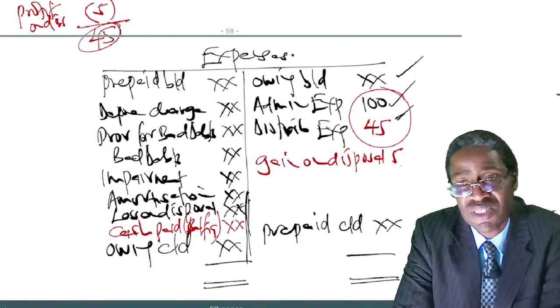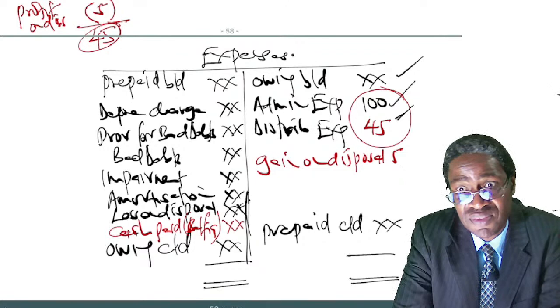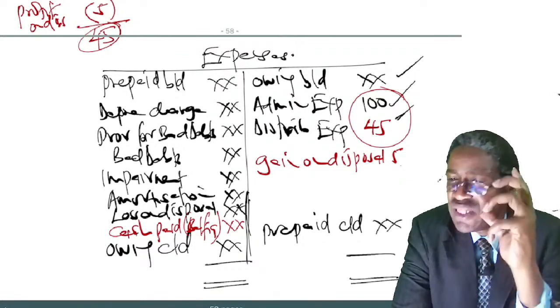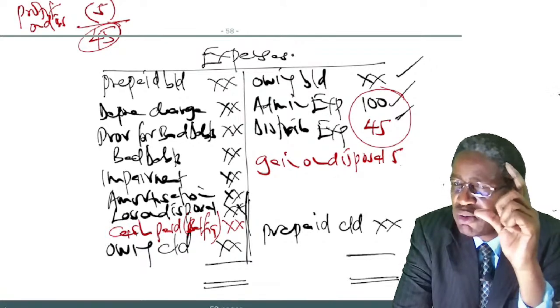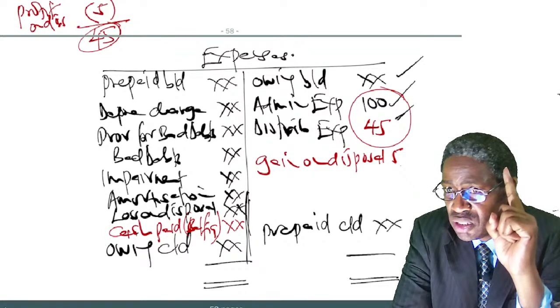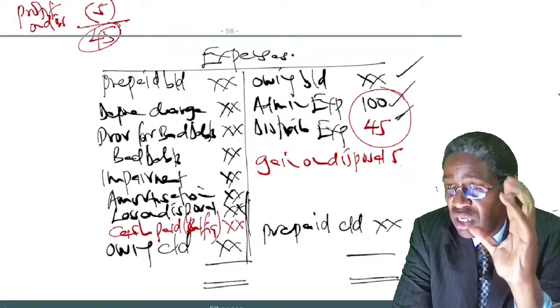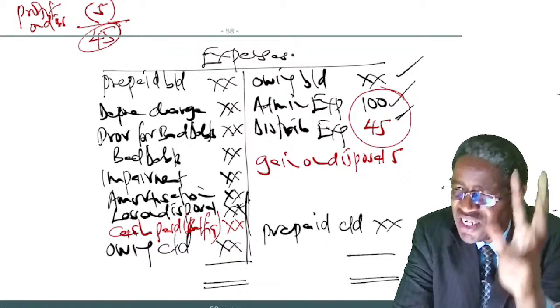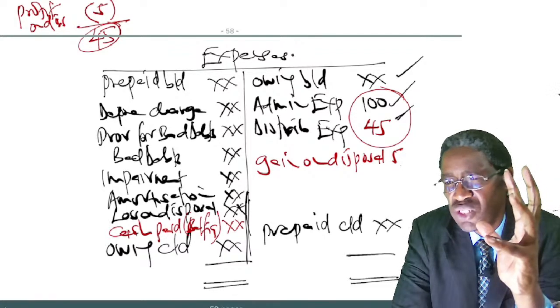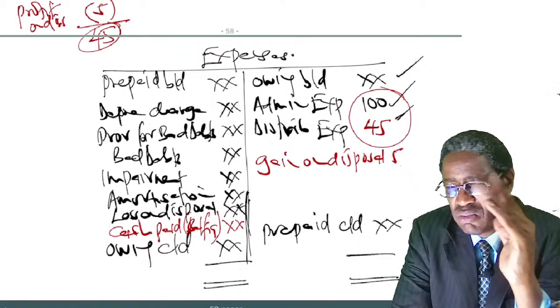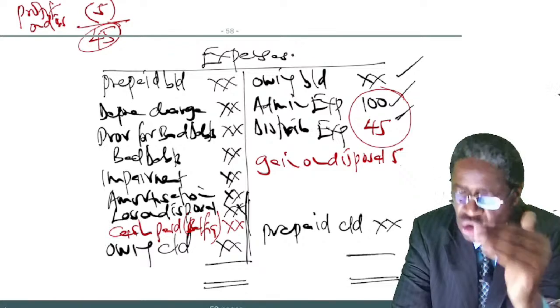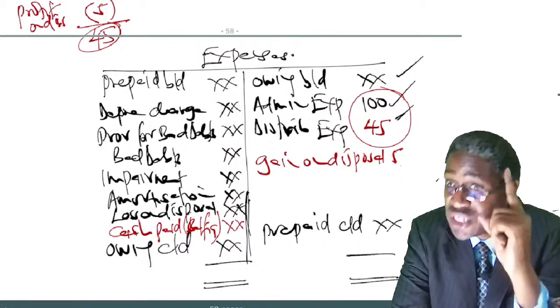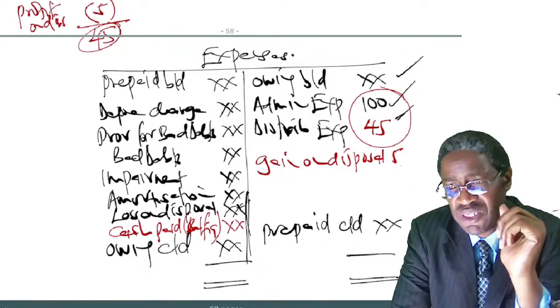Now listen, as I summarize. To determine the cash paid for services rendered, that's important, we have said we shall be preparing an account called expenses. I've told you, feed in everything concerning expenses. Bring down the prepayment, bring down the owing, go to the income statement, pick the charge for the year for expenses.